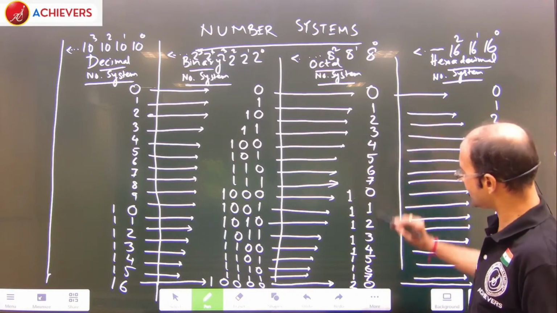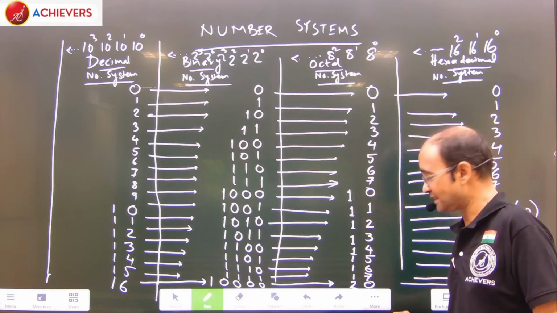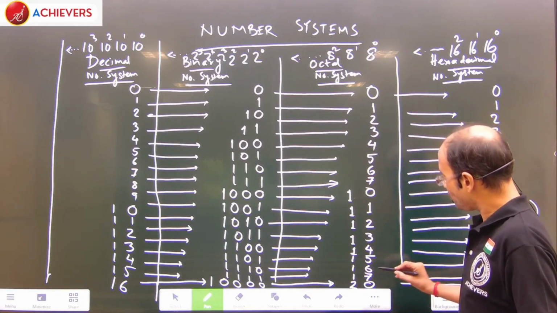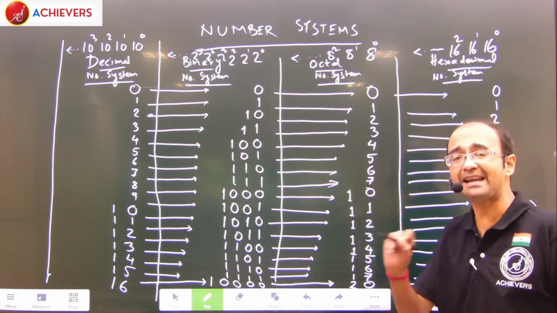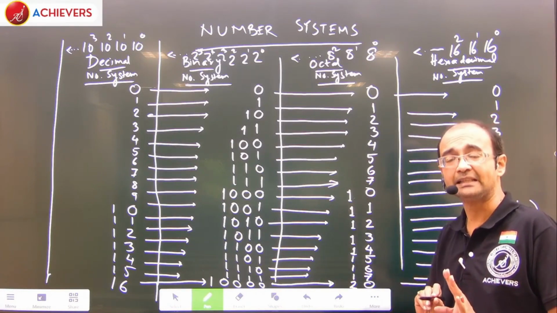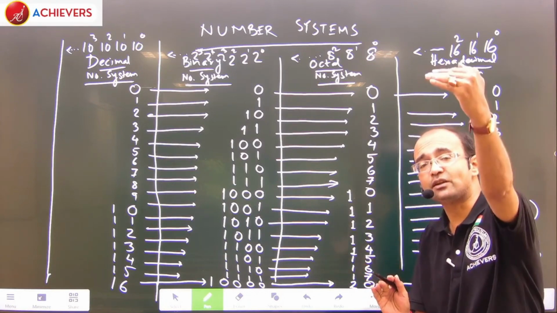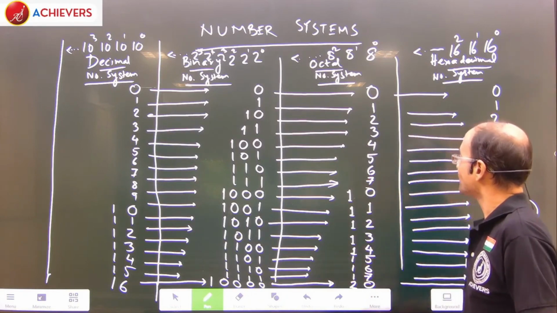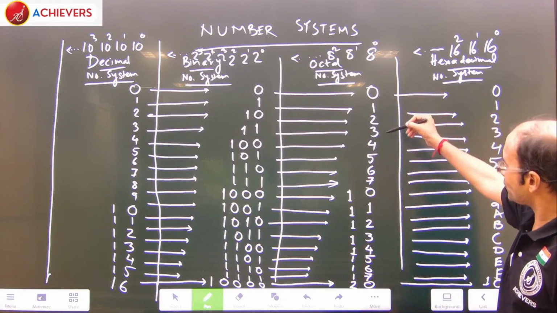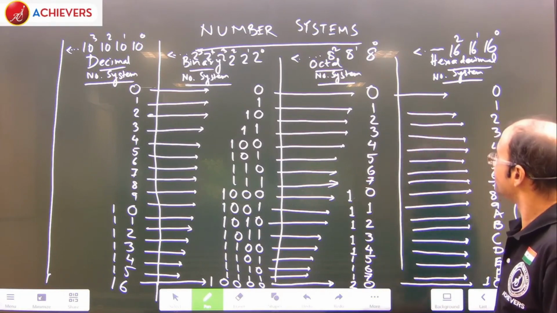In the octal number system we represent the different numbers as 0 to 7. After 7 we cannot put 8. We do not have 8 in the octal number system. Why? Because we can only represent the digits 0 to 7. So 0, 1, 2, 3, 4, 5, 6, 7. These are the 8 digits that we have.